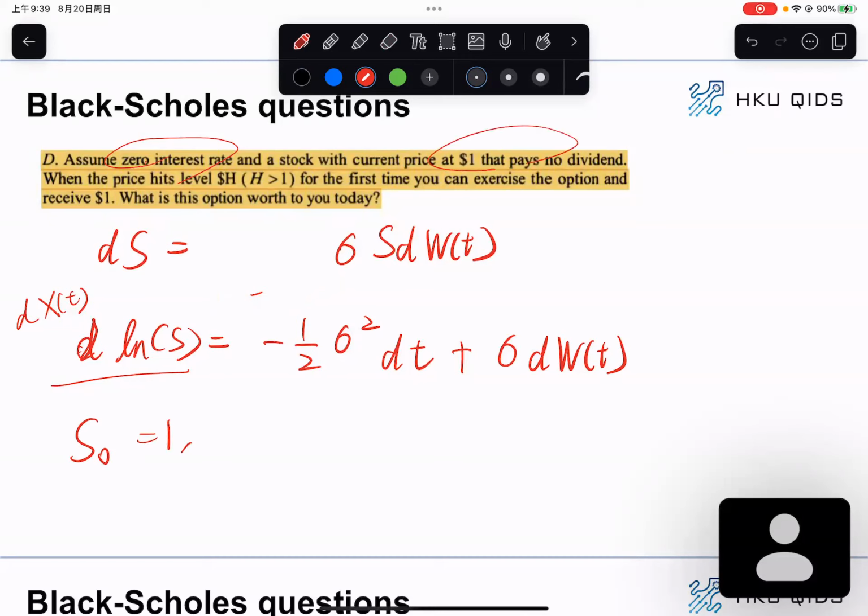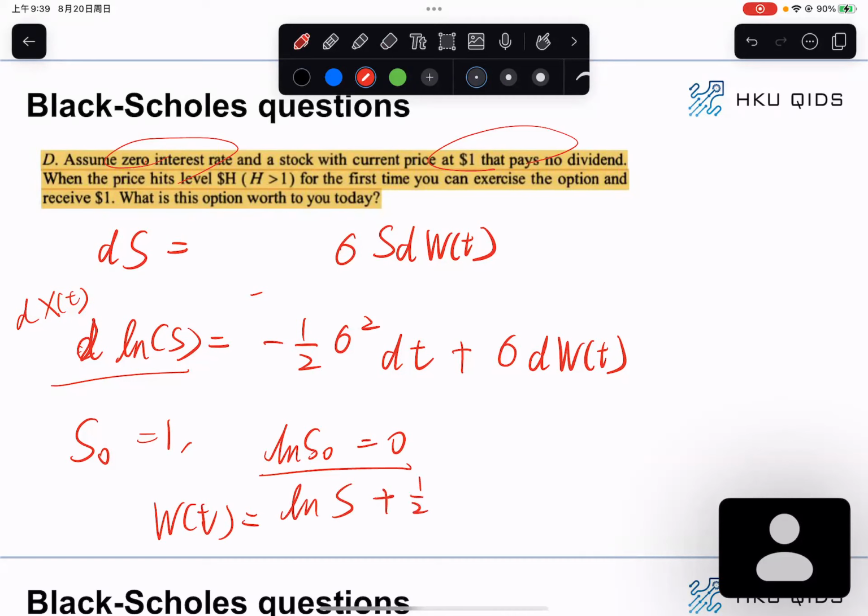So we also have log S0 should be 0. And so since the initial state is 0, you can say log S can also be reduced to a Brownian motion, where we can define a Wt which is just log S plus 1/2 sigma square t, divided by sigma.